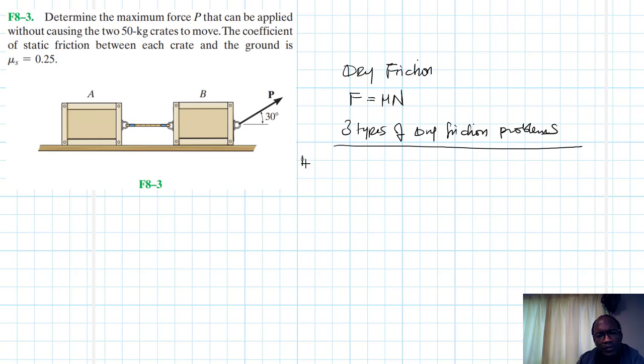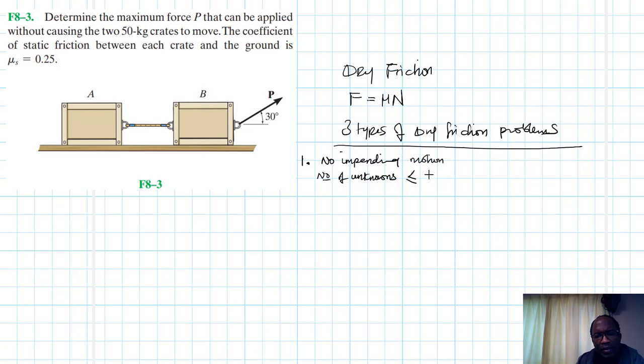The first one states that there is no impending motion at the points of contact or the contacting surfaces, and this simply means the number of unknowns are less than or equal to the equations of equilibrium.